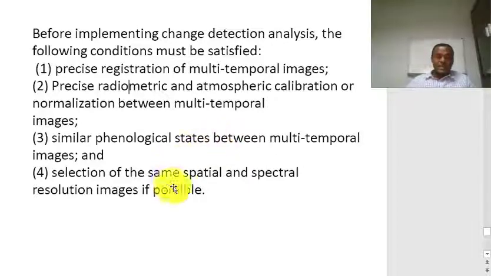Selection of the same spatial and spectral resolution of image, if possible, is required. If you have a 30 meter spatial resolution 1986 image, you also have to select a 2020 image of 30 meter by 30 meter spatial resolution. So these are some of the things that you need to consider.